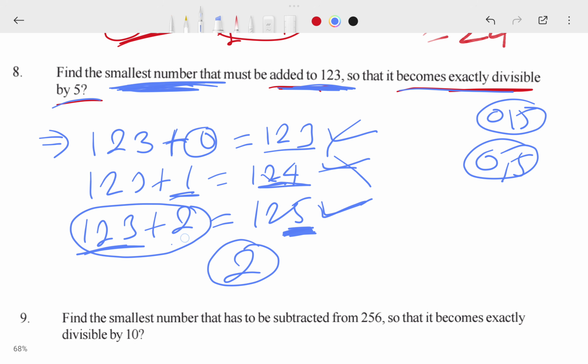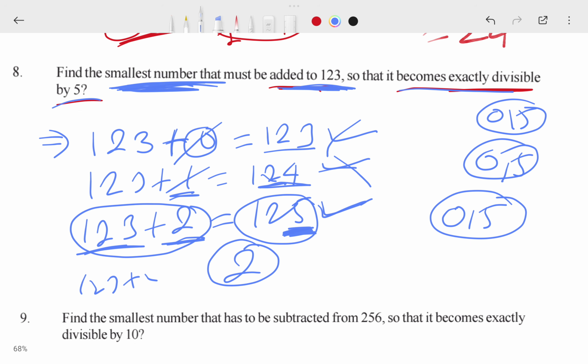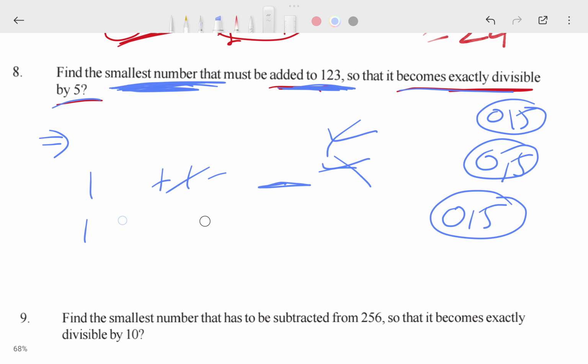So if I take the smallest number 2, after 0 and 1, what is the smallest? 2 is the only one now. If I add 123 plus 2, that is 125, and 125 is exactly divisible by 5. Why? Because whenever 0 or 5 is at the end, it is divisible by 5. So you know what our answer is.